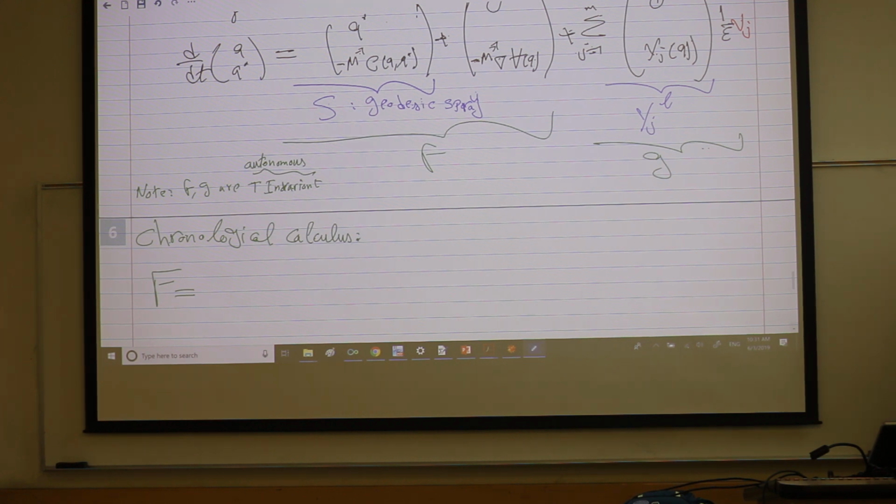An autonomous vector field is a time invariant vector field. So if F and G are time invariant, then this pullback, G star F, you can have a series solution for it from the Campbell-Baker-Hausdorff formula.